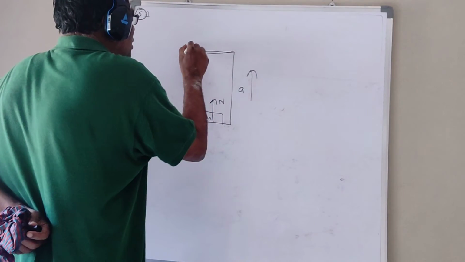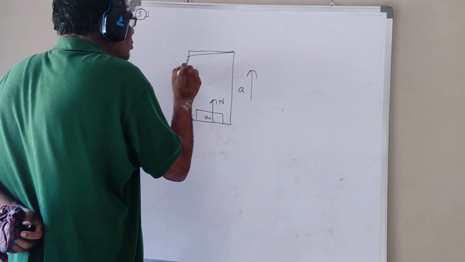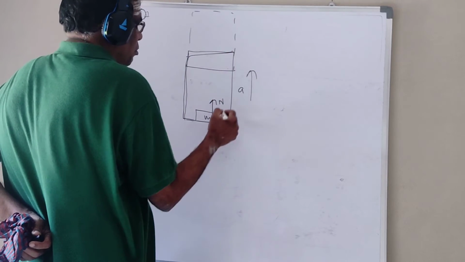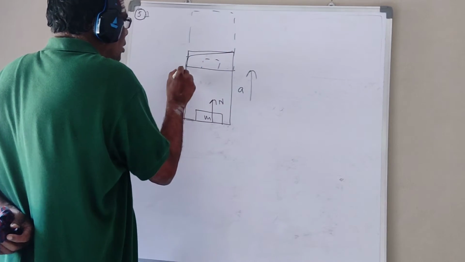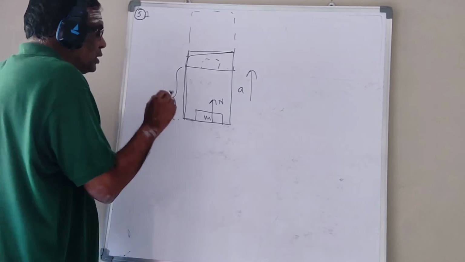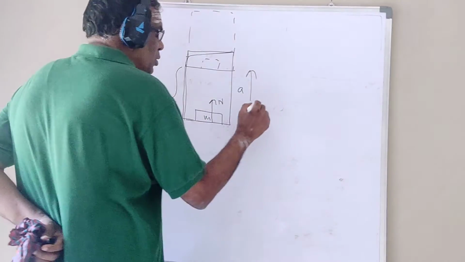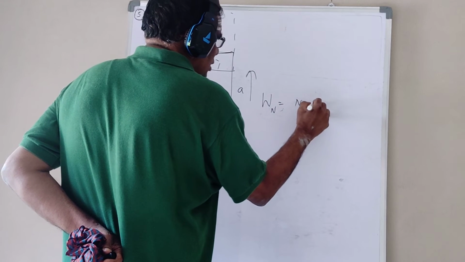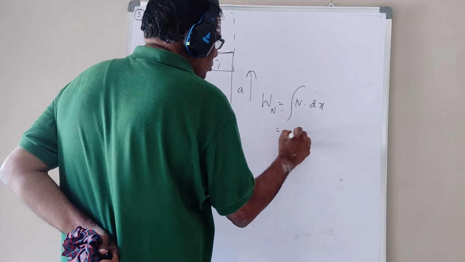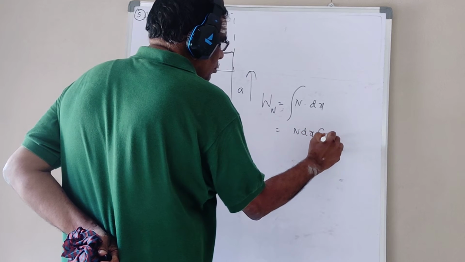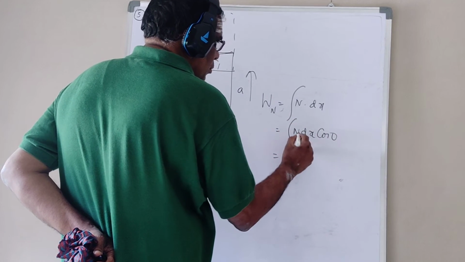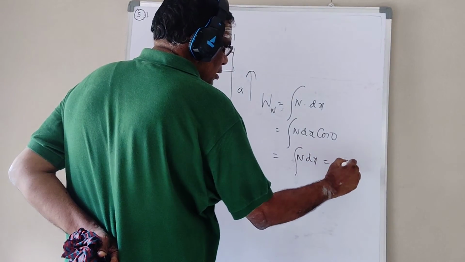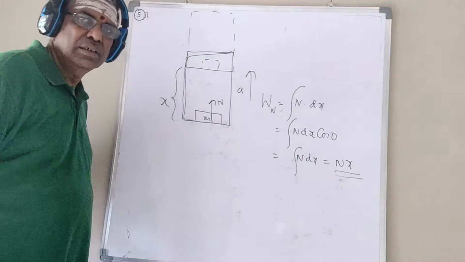So after some time, maybe the body has gone here. So displacement is x. So work done by normal force is N dx, N x.